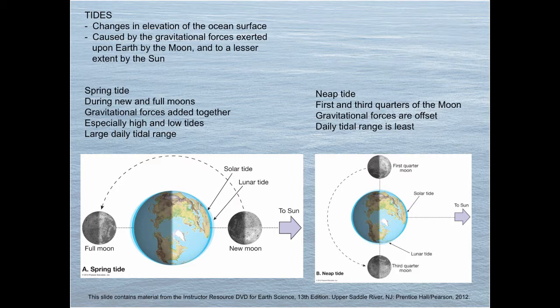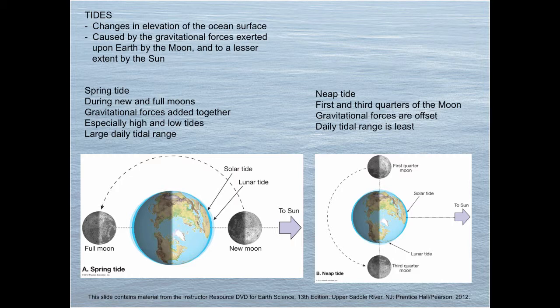Now, the sun and the moon have gravity. All objects with mass, any mass, have gravitational attraction to any other mass. It's a fundamental physical constant, so to speak. The moon has enough mass that it can exert a force on water.